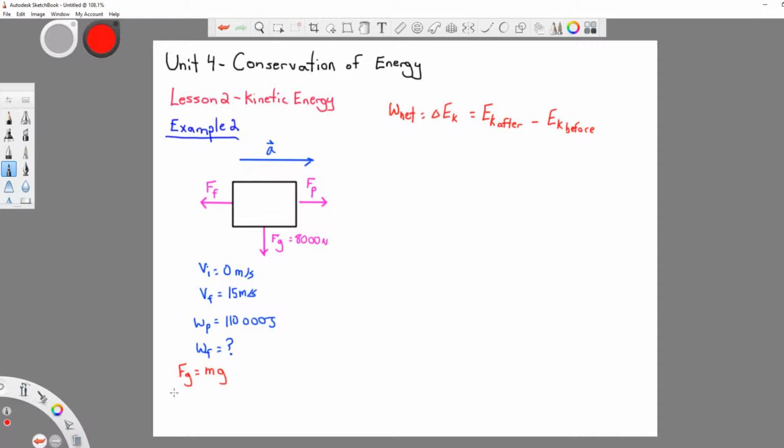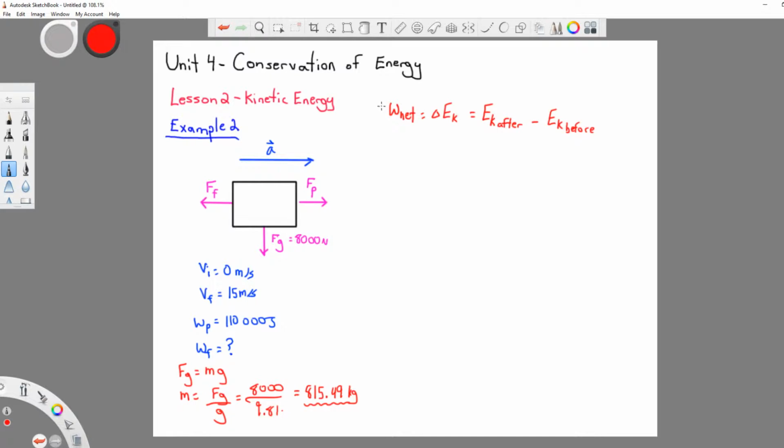So mass is equal to force of gravity divided by little g, which in this case is 8,000 divided by 9.81 meters per second squared, which works out to 815.49 kilos. Okay, that's out of the way. That's pretty nice.